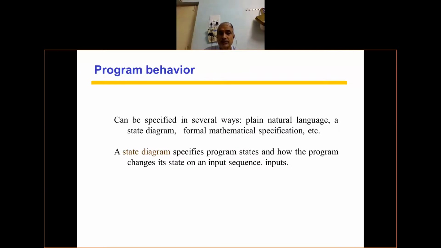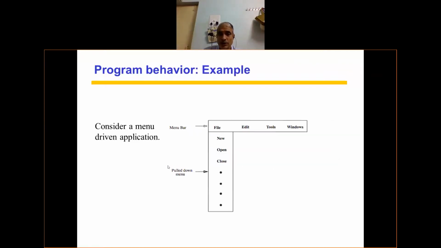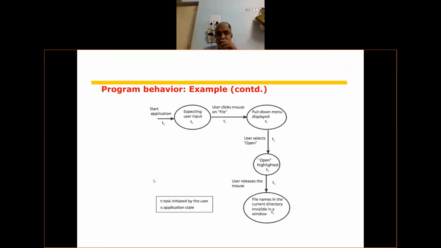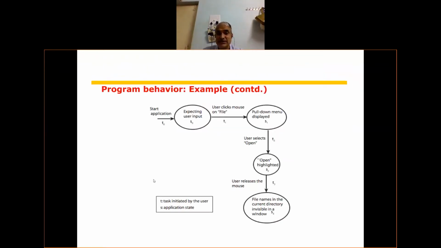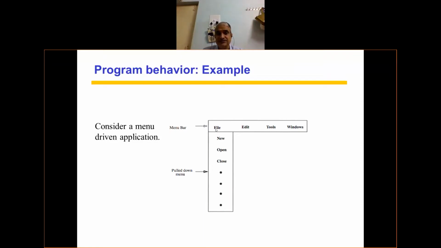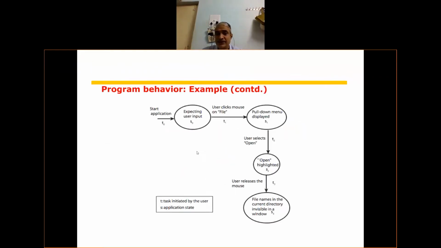Now look at program behavior. A state diagram specifies the program states and how the program changes its state on an input or sequence of inputs. We already went through state diagram based testing. Sometimes a description, for a menu, when you click a particular menu item, a drop down list box appears. How is behavior expressed?